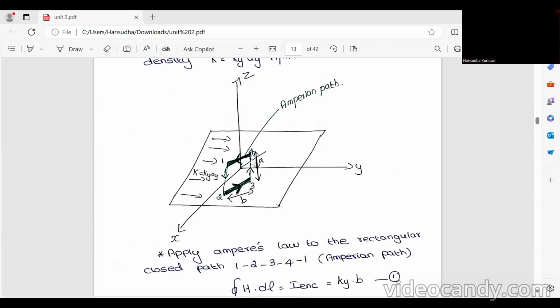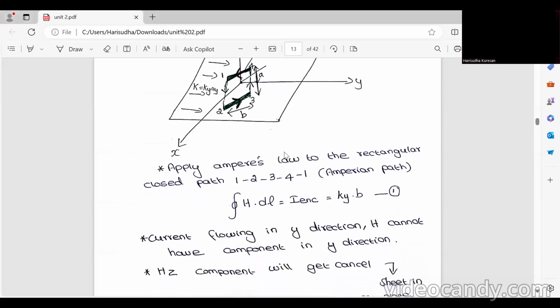Now we are going to apply Ampere's law to the rectangular closed path. The closed path has 1 to 2, 2 to 3, 3 to 4, and 4 to 1. So this 1, 2, 3, 4, 1 will be your Amperean path. We come to the Ampere's law equation.